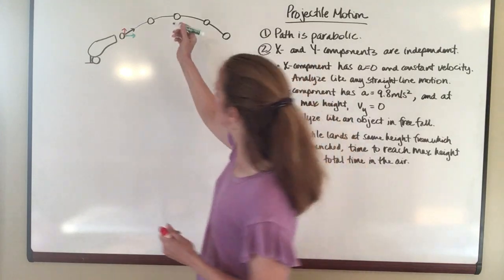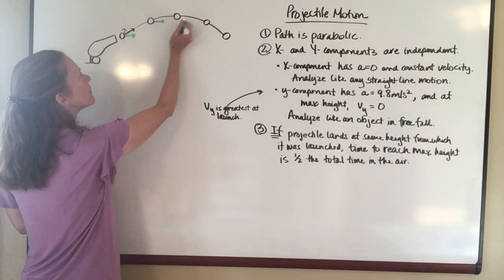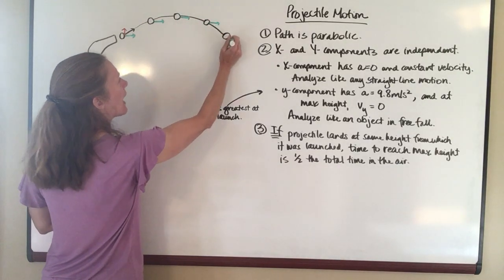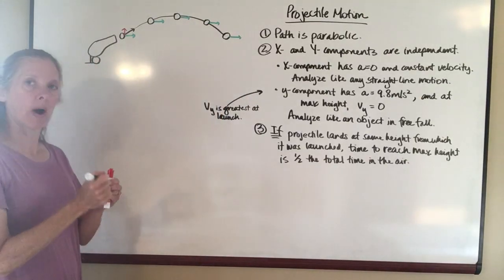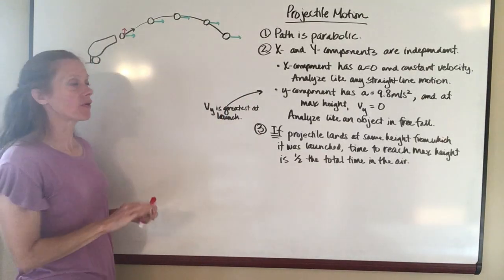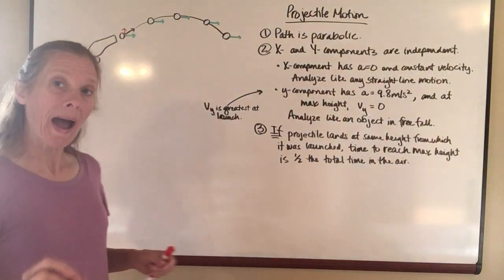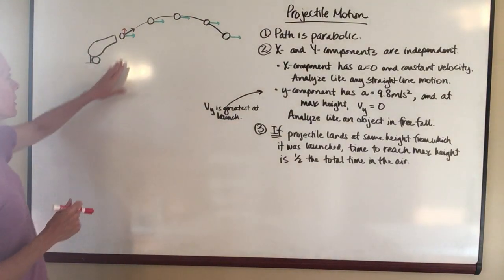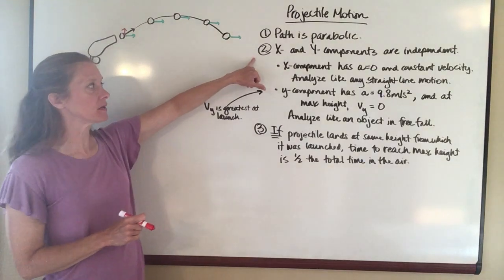And so that means that as this is moving, no matter where I am in the cannonball's path, the x component of the velocity is going to be the same. So I've drawn my arrows all the same length to demonstrate that x component. The y component, however, is different. The x and the y components are independent of each other.